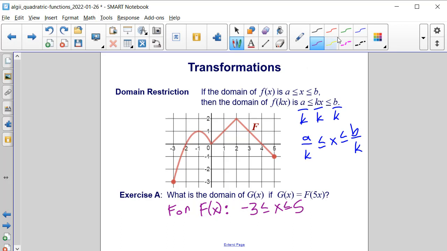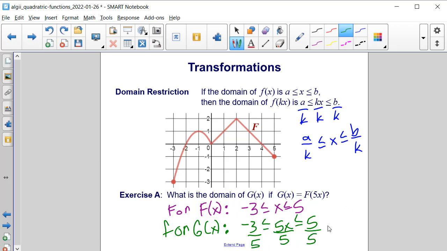So for g of x, which is f of 5x, we're going to have -3 is less than or equal to 5x, which is less than or equal to 5. Well, if we want to simplify this, we can divide each and every term of our inequality by the 5 that is in the middle.